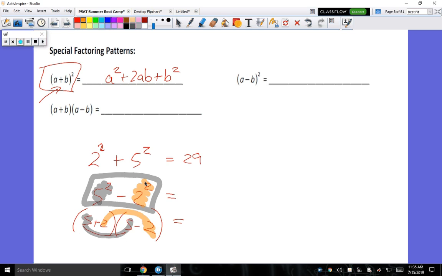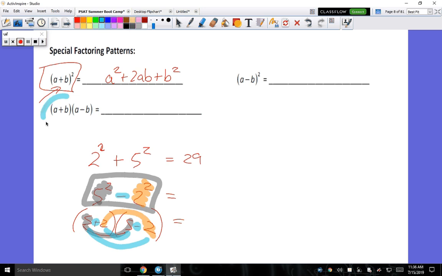Can someone tell me why this is going to be a subtraction? Because the plus and minus multiply together, giving me the subtraction. What happened to the O and I? They cancel out. They canceled out to what number? 0. That's why difference of squares exists. Which one of these 3 is difference of squares?